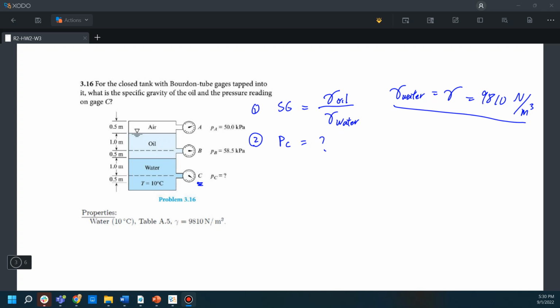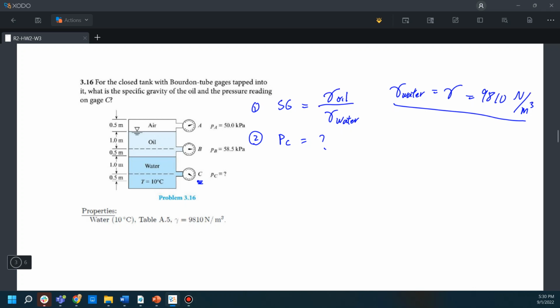So the hydrostatic equation is P. So let's find a point at this baseline here. You can read the pressure at this point by this gauge, which is 58.5 kPa.